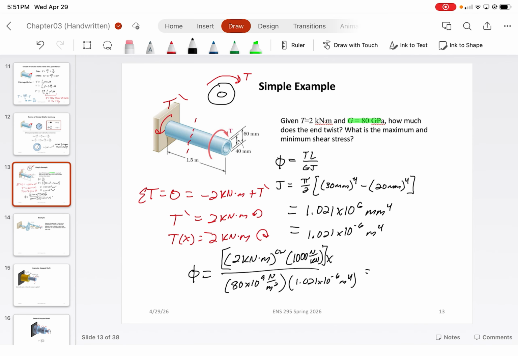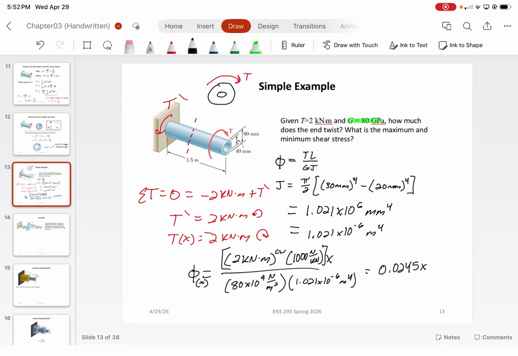And this basically just gives us a phi of x equal to basically 0.0245x, where x would be in meters. All right, so this really gives us the angle of twist at any position x along the length of the rod.